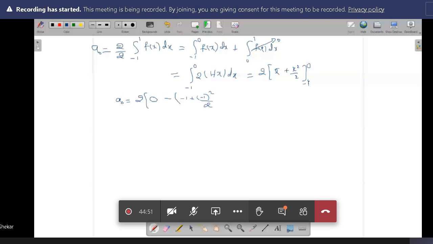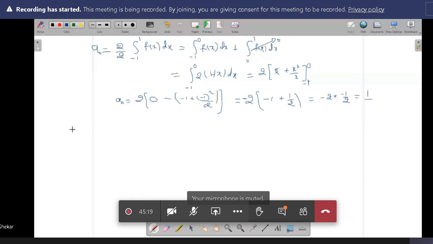So that becomes 2 into, so negative 2, minus 1 plus 1 by 2, since minus 1 square is 1. Minus 1 plus 1 by 2 is minus half. So minus 2 into minus 1 by 2, we get 1. So a naught value is 1.